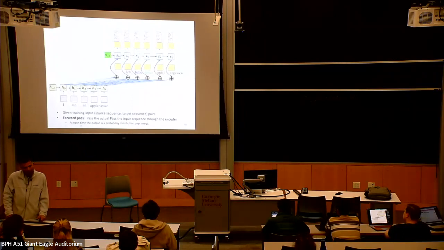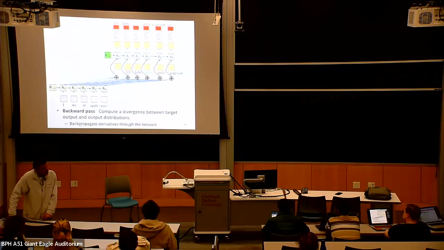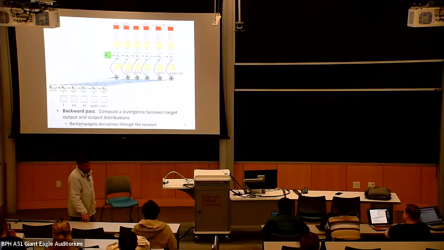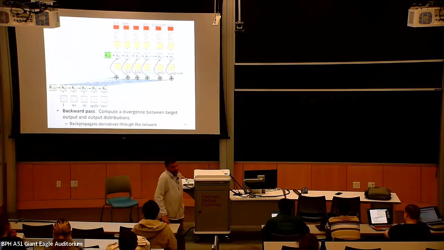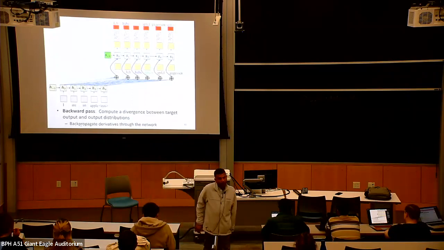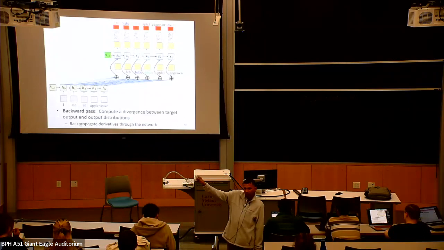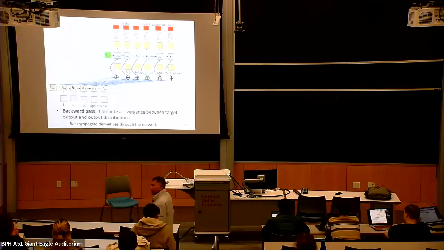And of course, you can compute the divergences at each time and train this in much the same manner that you would train a language model. It's going to be the sum of the divergences for each of the words. And this loss can be backpropagated to update all of the components of the model, both on the encoder side and the decoder side, right?